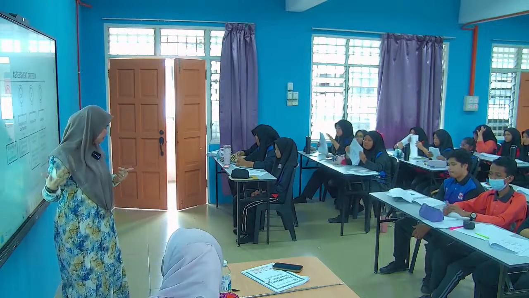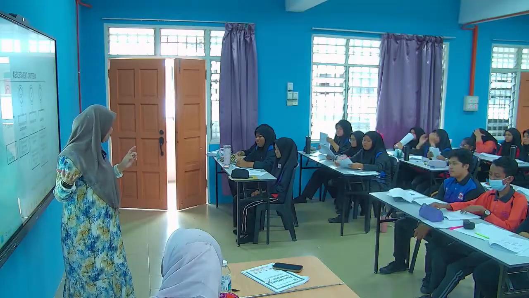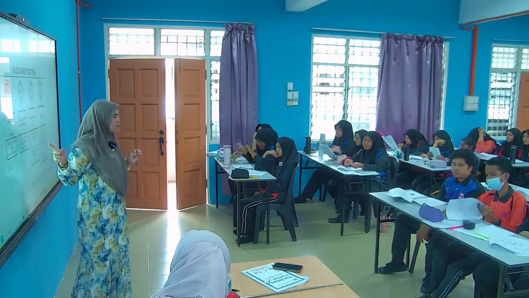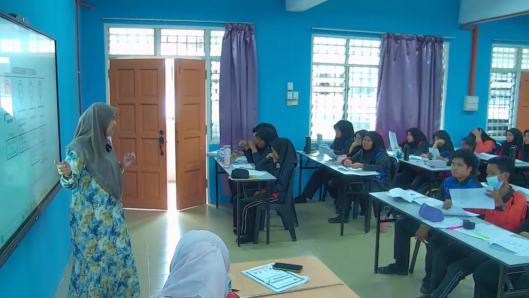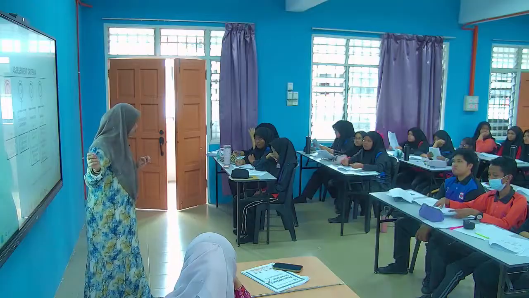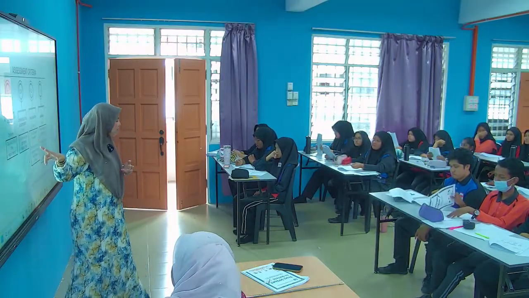C2, C3, C4. If there are 4 questions, then you have to label all the C's. Understand? Okay. Next, we go to communicative achievement. Under communicative achievement, what do we have? We need to pay attention on the format.